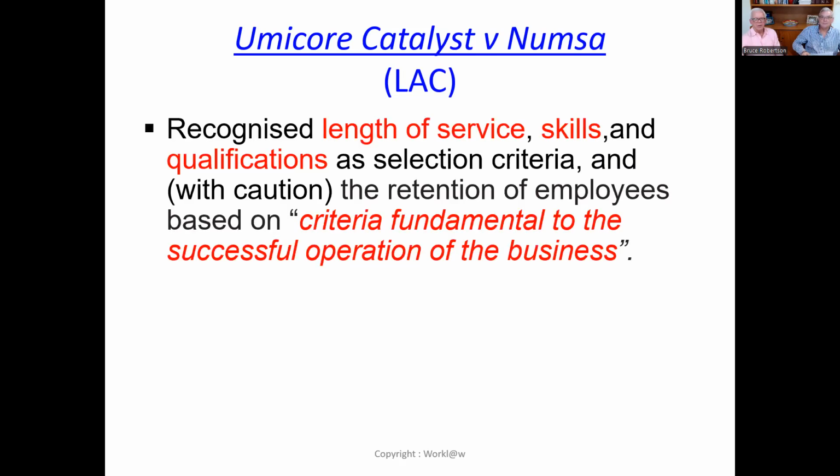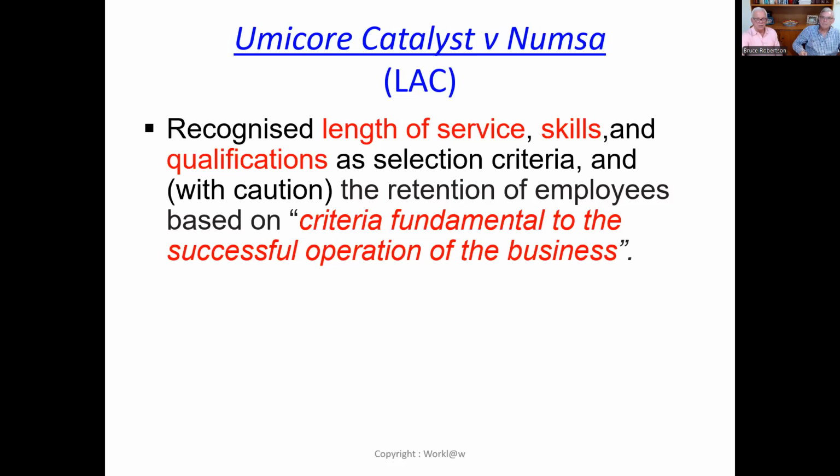Sure, please. Yeah. So, I think the first point there, Alan, those are the criteria out of the Code of Good Practice, aren't they? So the first point to confirm is that the Code of Good Practice does recognize as potential objective criteria more than just length of service. Oh, yeah.